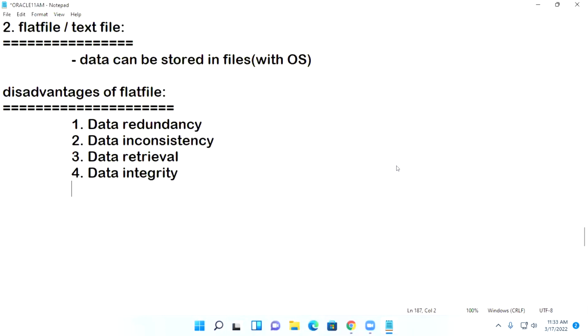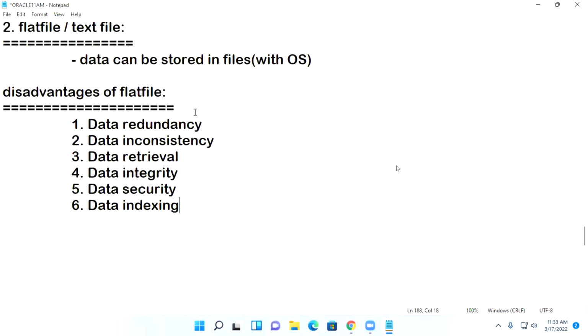And the next ones we face are data security problems and data indexing problems. There are so many drawbacks, but I have taken some major ones to explain: redundancy, inconsistency, retrieval, integrity problems, security, and indexing.